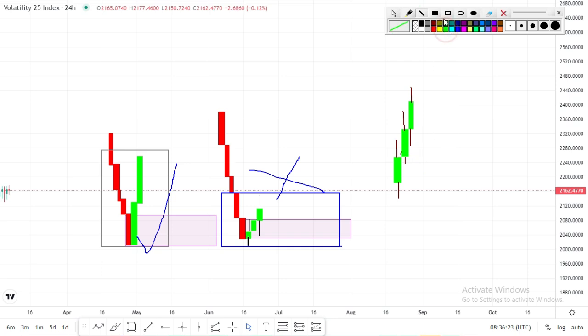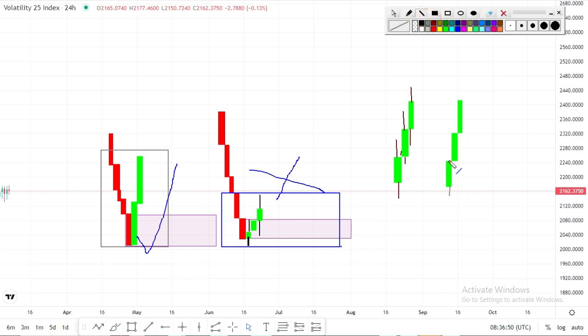So we are going to the next one. We have a bullish candle here, the next one here, and the next one here. These are 3 bullish consecutive candlesticks. Okay, so let's say we have wicks also in this one.